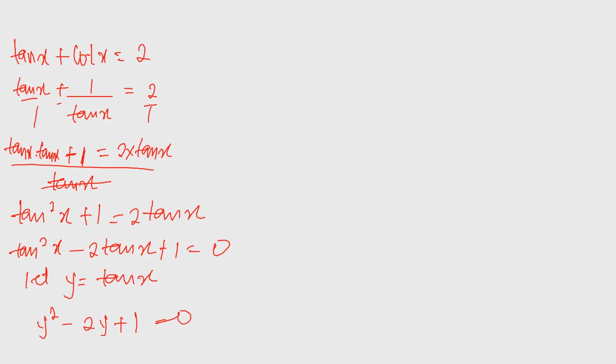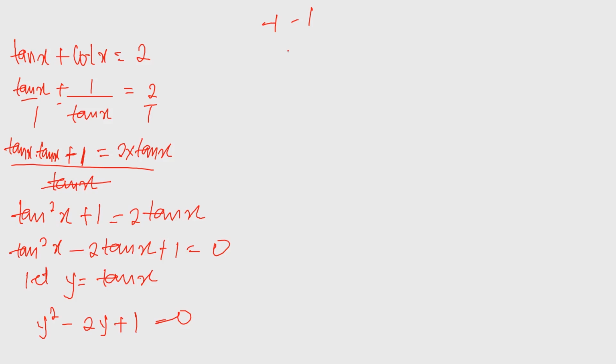At this point you can use any method to solve this quadratic equation. So I'm going to use the factorization method. You are going to look for two numbers that when you multiply them together give you 1, and when you add them give you minus 2. So the numbers are minus 1 and minus 1. Minus 1 times minus 1 will give you plus 1, and minus 1 minus 1 will give you minus 2.